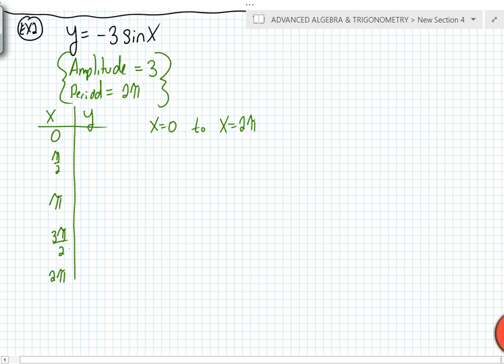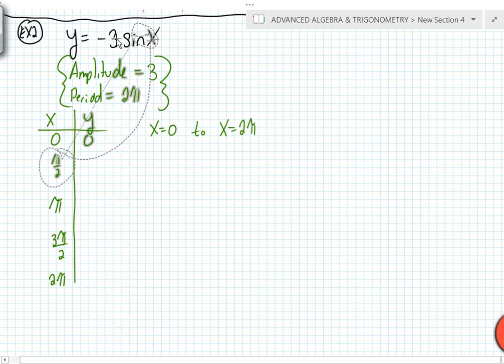Now here's the beauty of it. You think you know what the outputs are, but let's go through the process. If we plug 0 into this function, the sine of 0 is 0. If we multiply it by -3, that's still going to give us the coordinate 0, 0. If I think about taking pi over 2 and plugging it in, the sine of pi over 2 is 1. 1 times negative 3 is negative 3. The sine of pi is 0, so clearly we end up with 0.